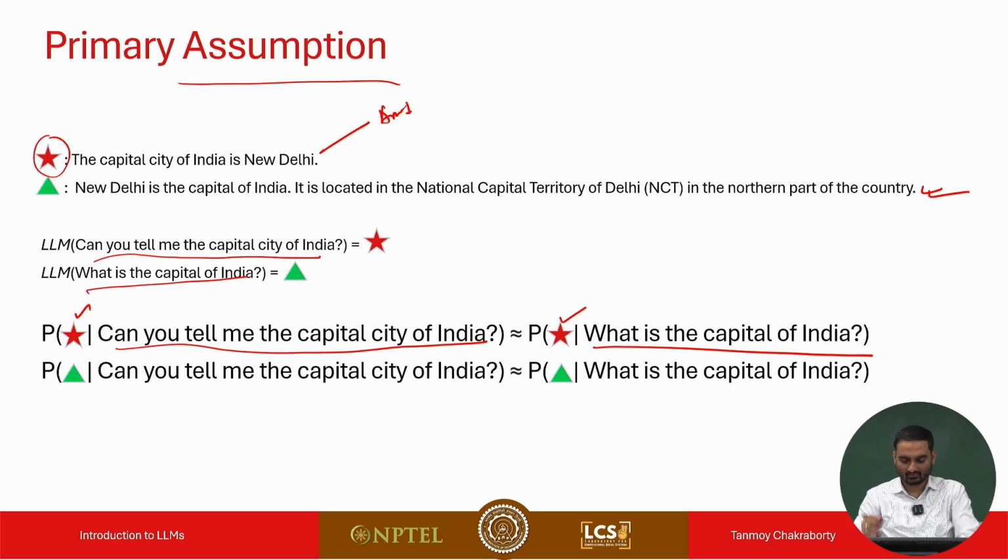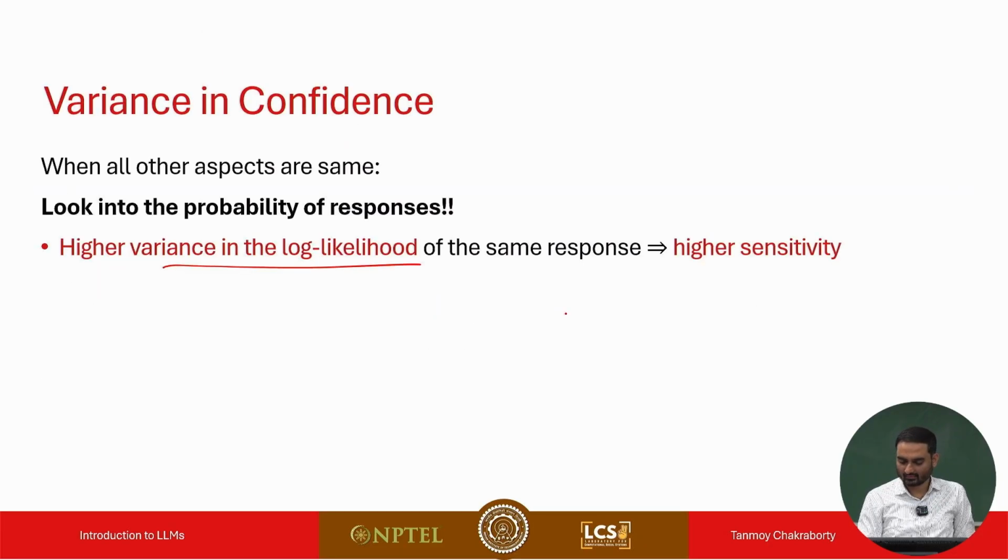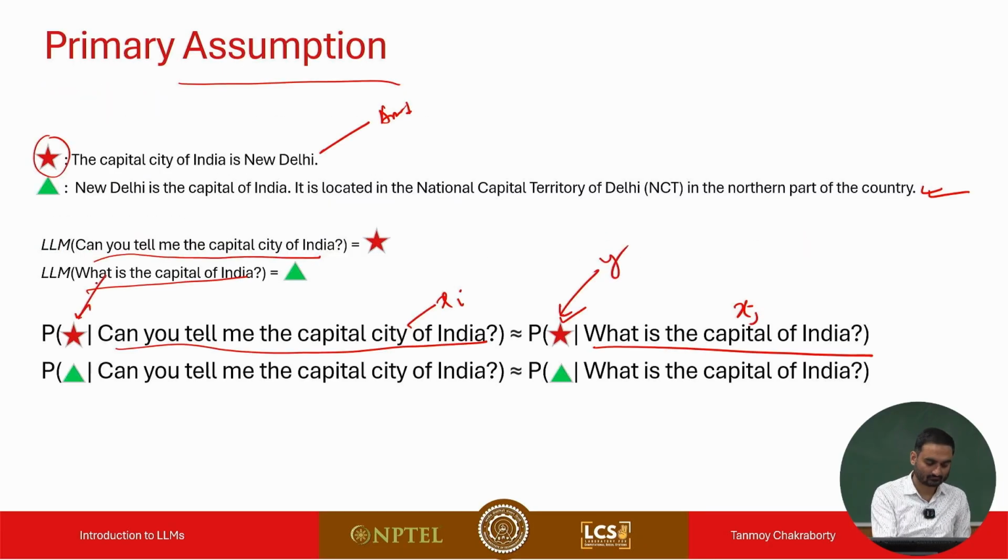This is Xi, this is Xj, and this is my Y. Given a Y, I take a pair of intent preserving prompts and I check the probability.